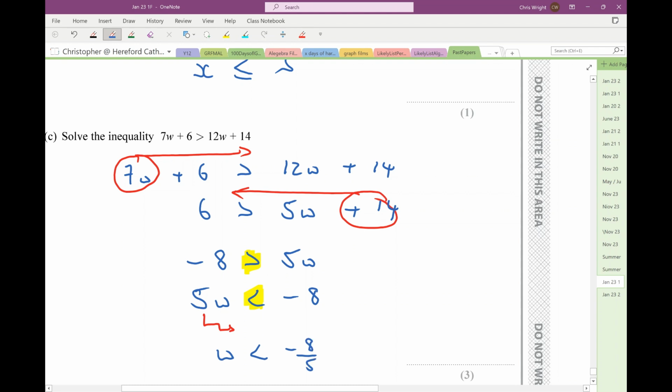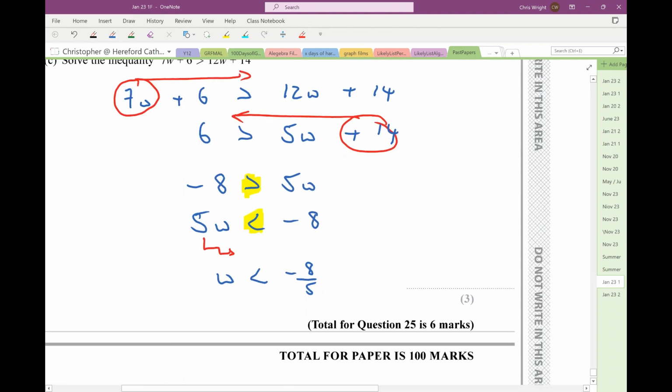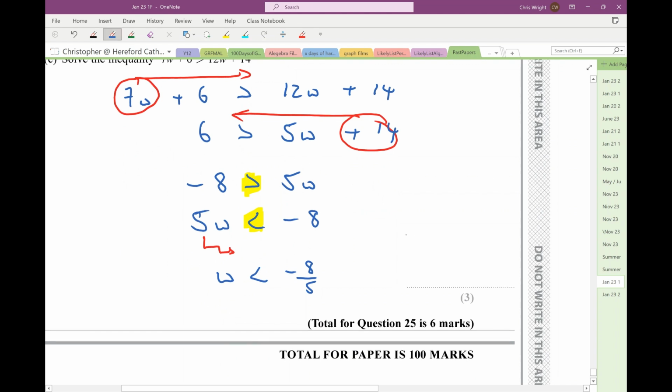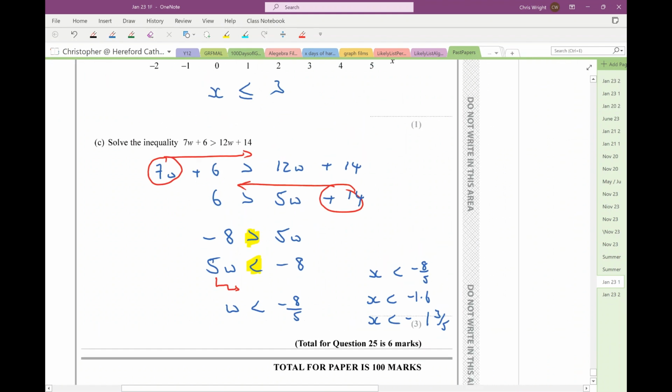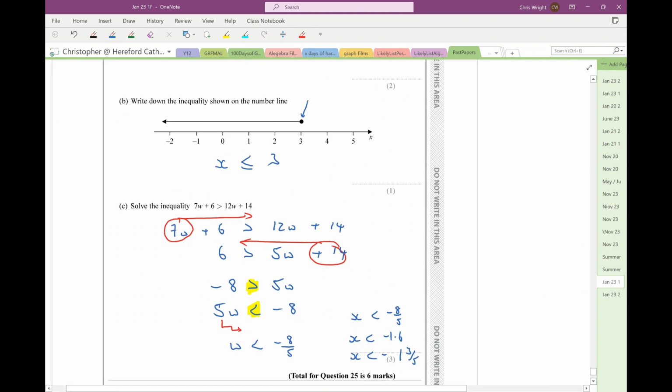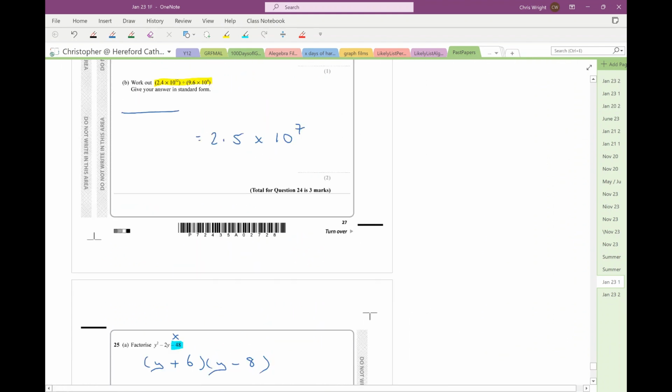And if you put minus 8 divided by 5 in your calculator, you'll get the answer minus 1.6. So you could write w is less than minus 1.6, or you could write w is less than minus 1 3/5. It wouldn't matter. Either way, you'd get your marks. And that is question 25 complete.